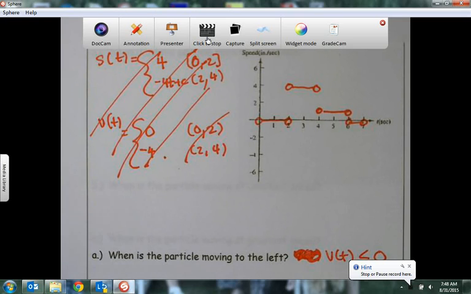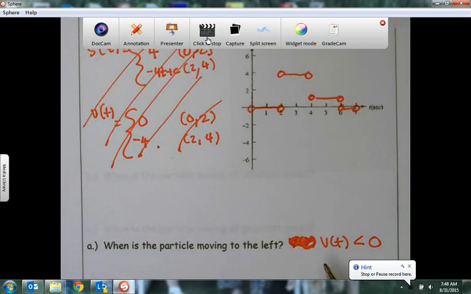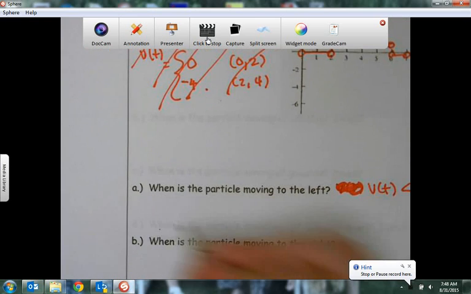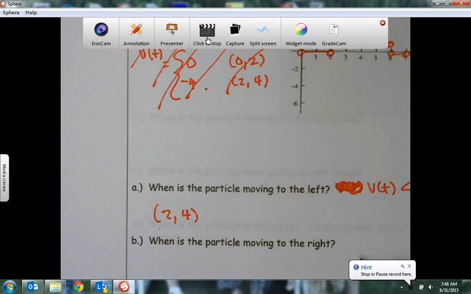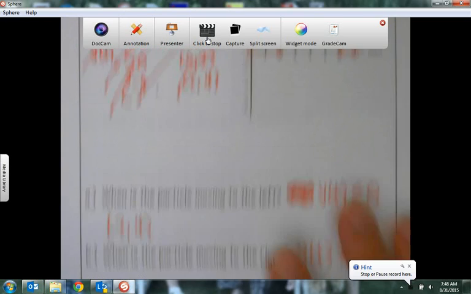And here I can see that V of t is negative from 2 until 4. So when is the particle moving to the right? It's going to be when V of t is greater than 0. So that's going to be, looking up at that graph, from 4 to 6.